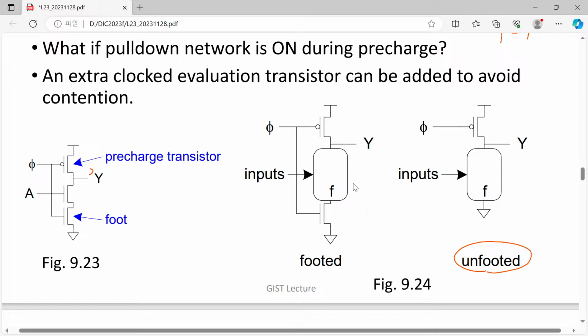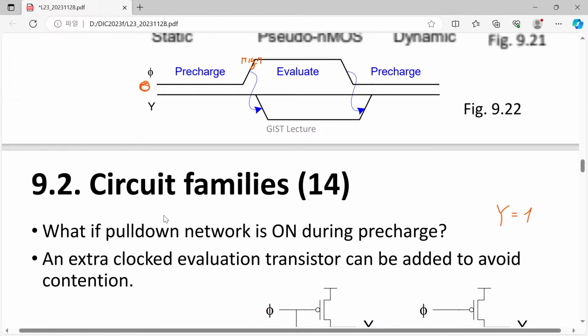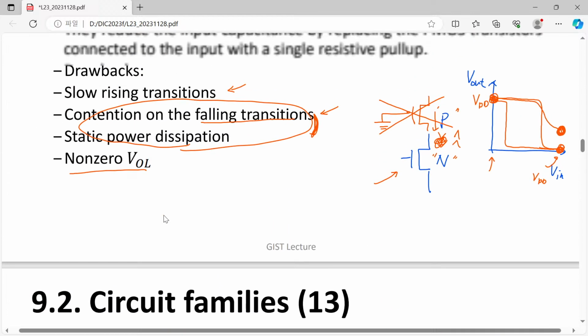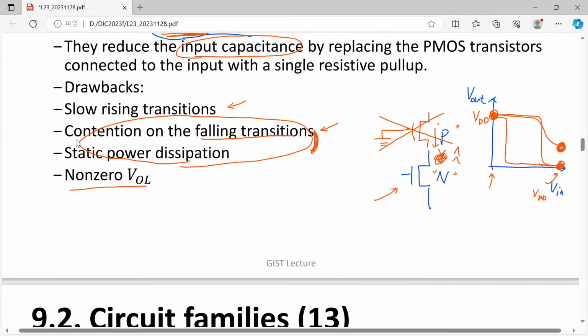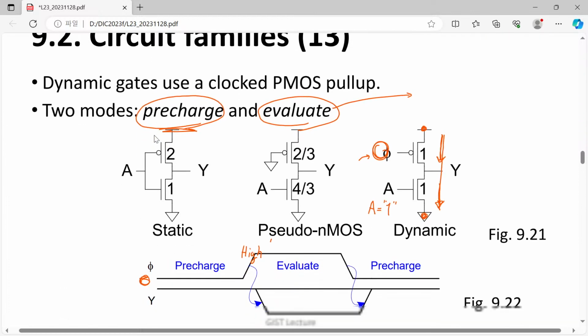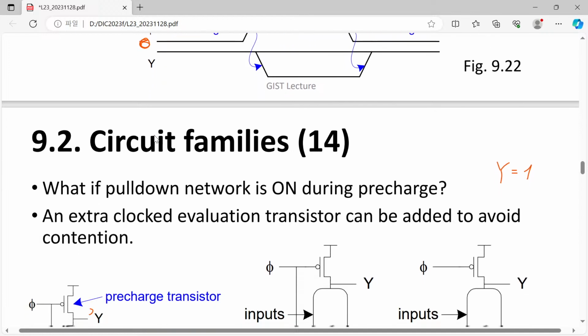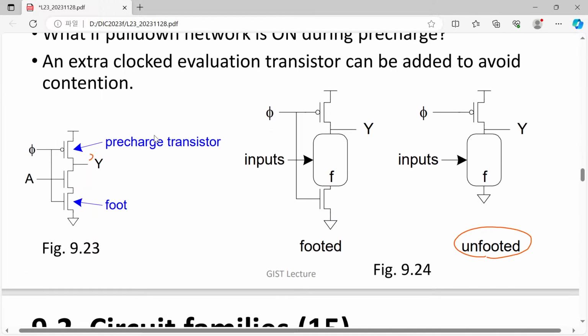But if you don't have it, then it has a side effect of increased DC power, or rather a contention current in the falling transition, or in our sense the pre-charge phase, so that is unavoidable in some cases.